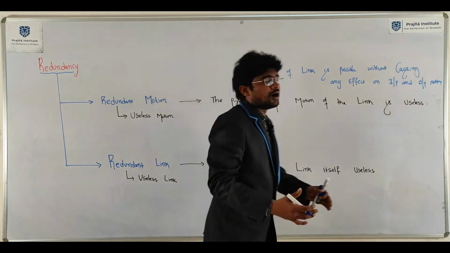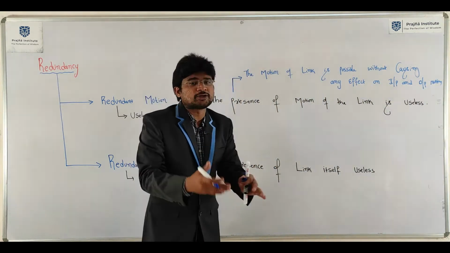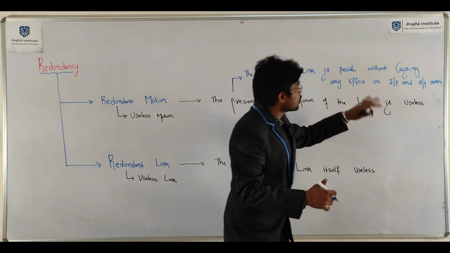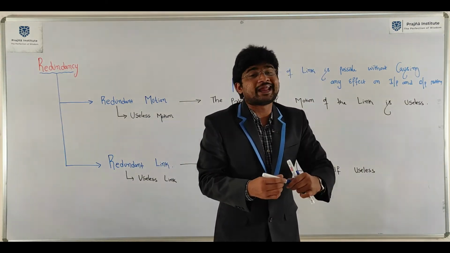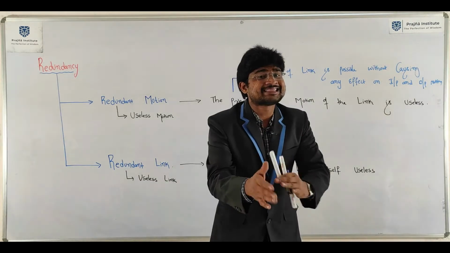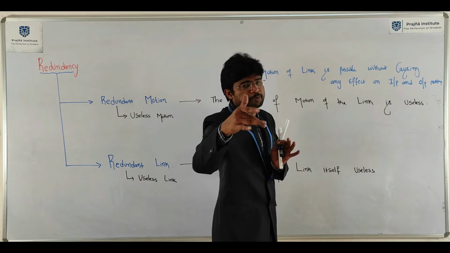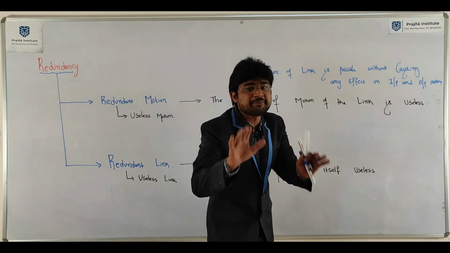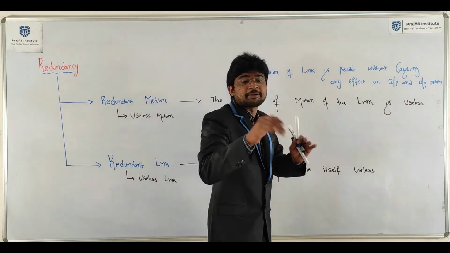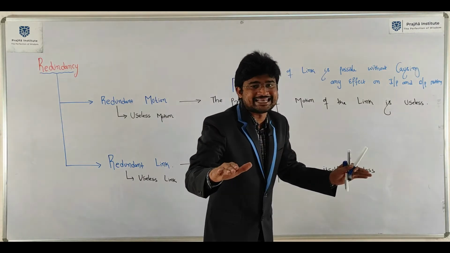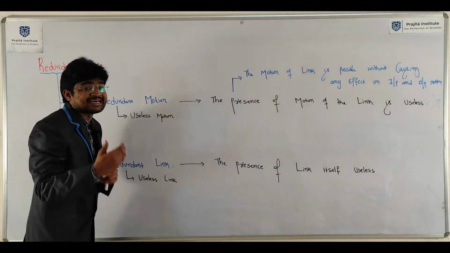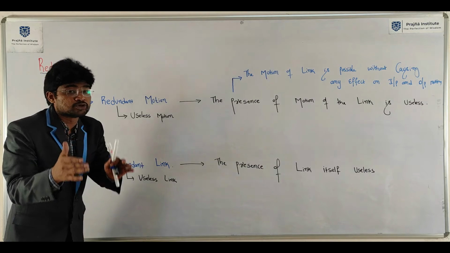What does it mean? We can move a particular link without causing any effect on input and output motion. That means you are moving a link but it is not affecting the input and output motion. So the motion of that link is useless, and you can call it a redundant motion.